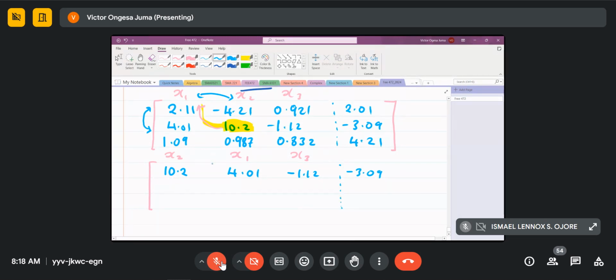And then here, because we switched row 1 and row 2, and then we switched columns, I'll have minus 4.21, and then I'll have 0.921, and then I have here 2.01. And then what happened on the third row is only the switching of columns. So I have here 1.09, and then 0.832, and 0.41. So who does not understand what we did?